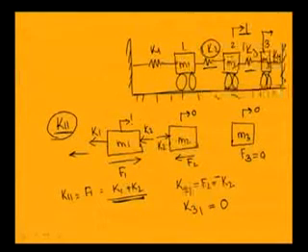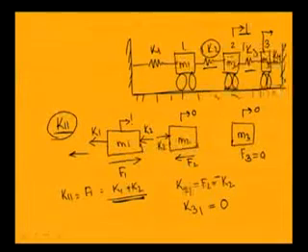In this case we have seen that this mass is subjected to a force K2 to have a unit displacement at 1. As this mass is subjected to a force K2, to have it in equilibrium, the force required at station 2 equal to minus K2. Similarly, at this position there is no force acting on mass 3, so K31 equal to 0.